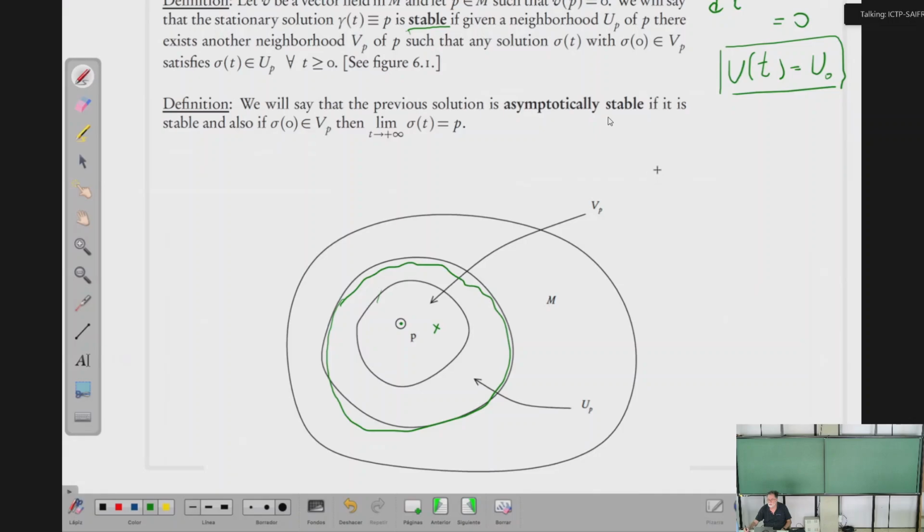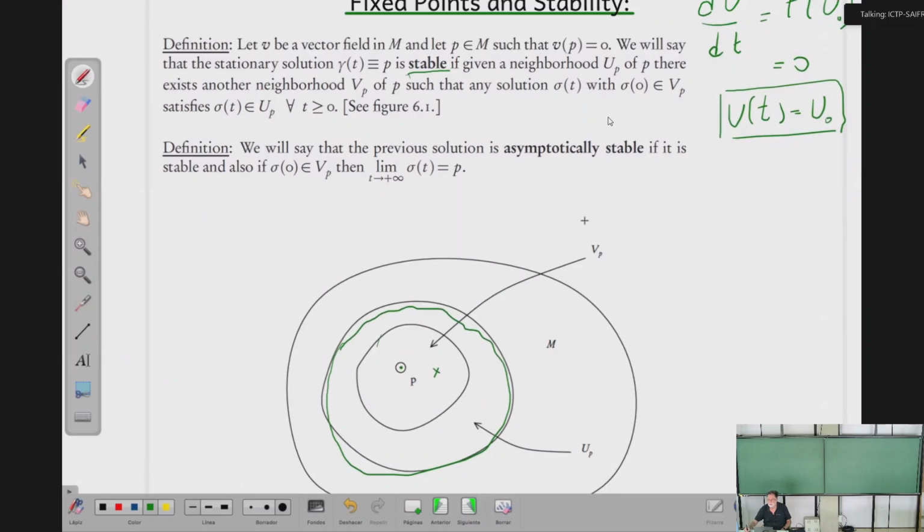So if I have a solution gamma of t, with gamma of t0 contained in Vp, then gamma of t is contained in Up.